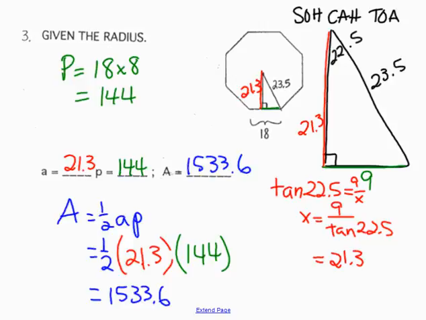I have done number 3 for you. I'd like you to copy this down, but I think that you guys have got the hang of it. So I ended up having to use SOHCAHTOA to figure out the apothem. I had the whole side was 18 here, so I was able to cut that in half for the 9 on that triangle.